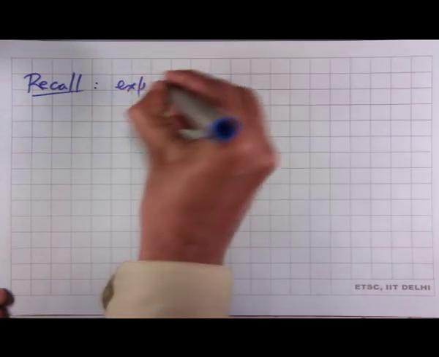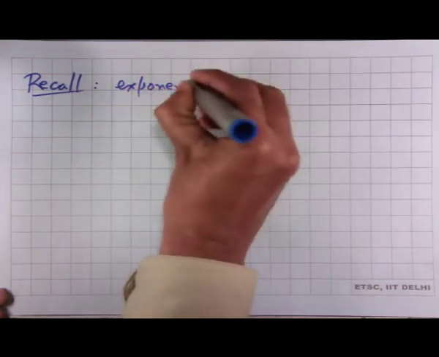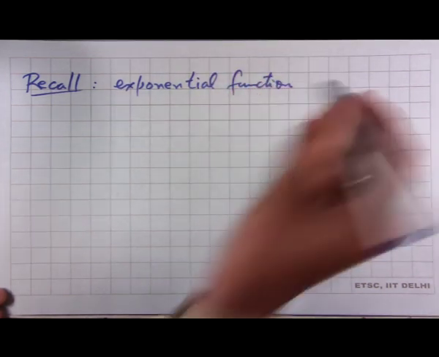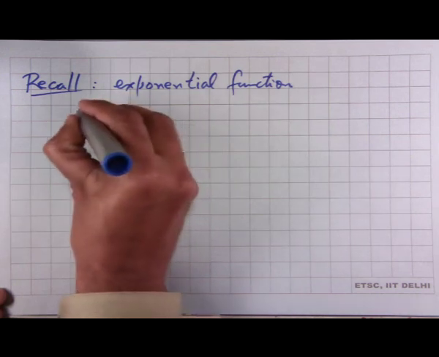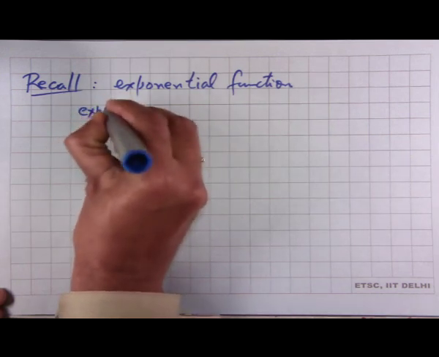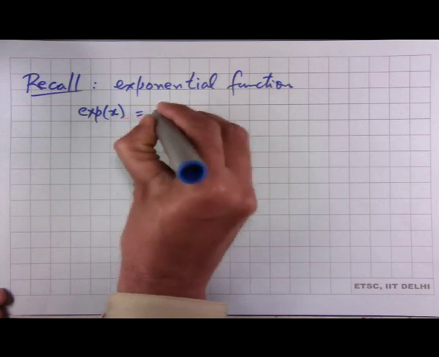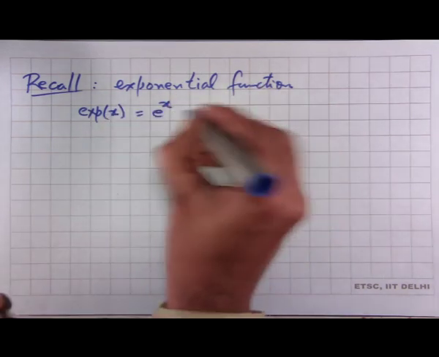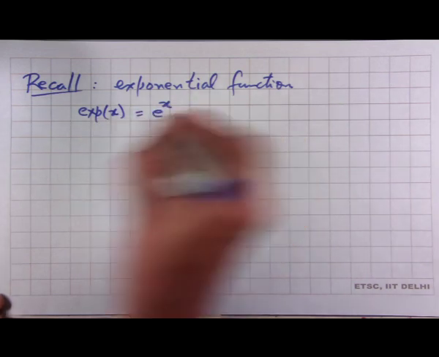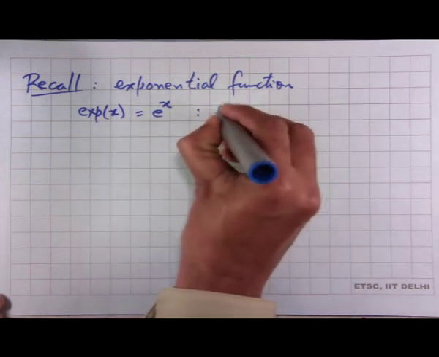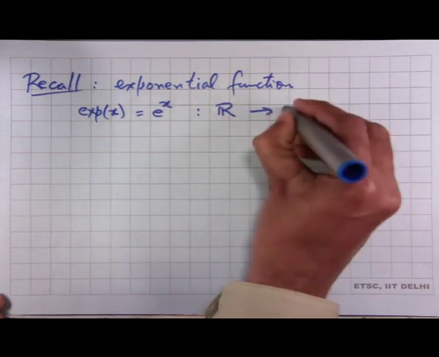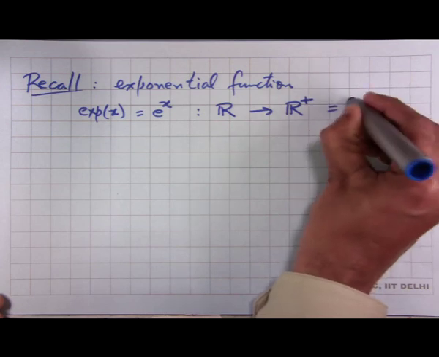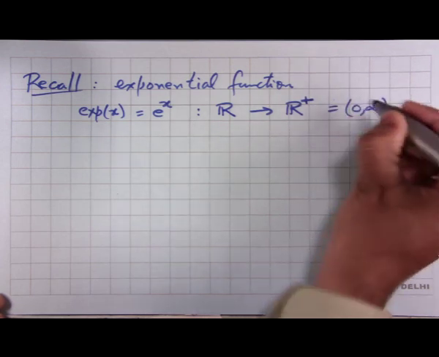the exponential function. This is written as exponential of x or e to the x. This is a function from R to R plus, which is the same as the positive real line.